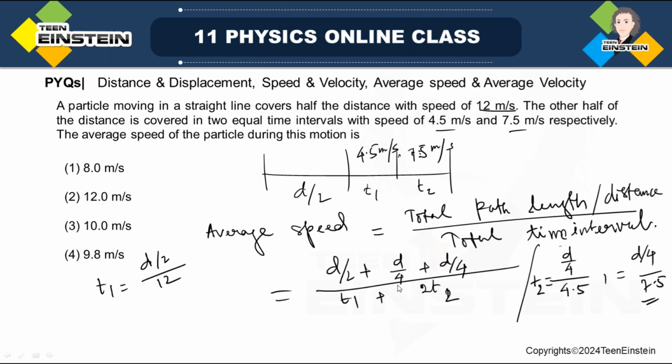So half of the distance is covered by this much speed and half by this much speed. I can directly write this over here.